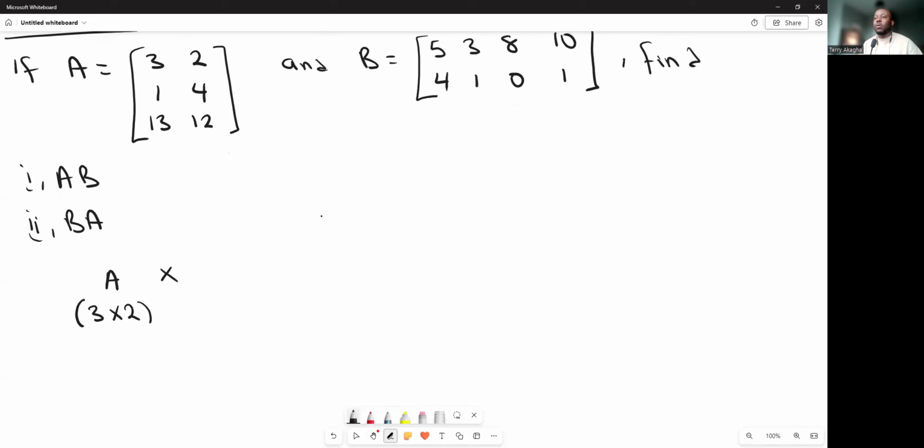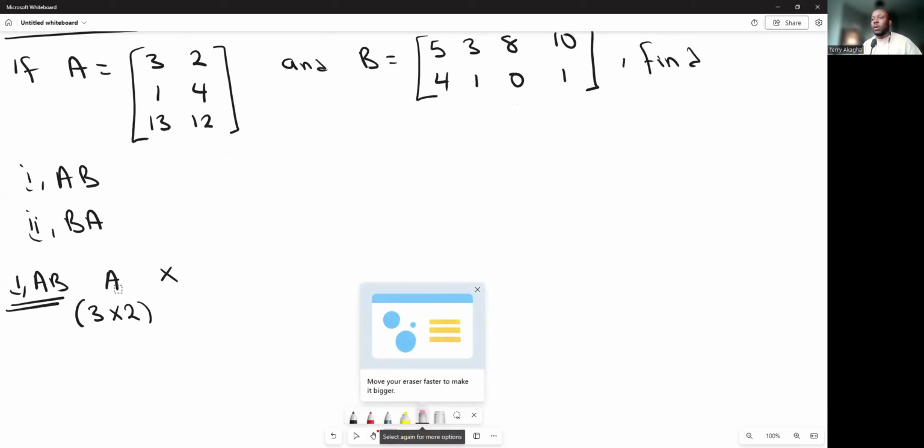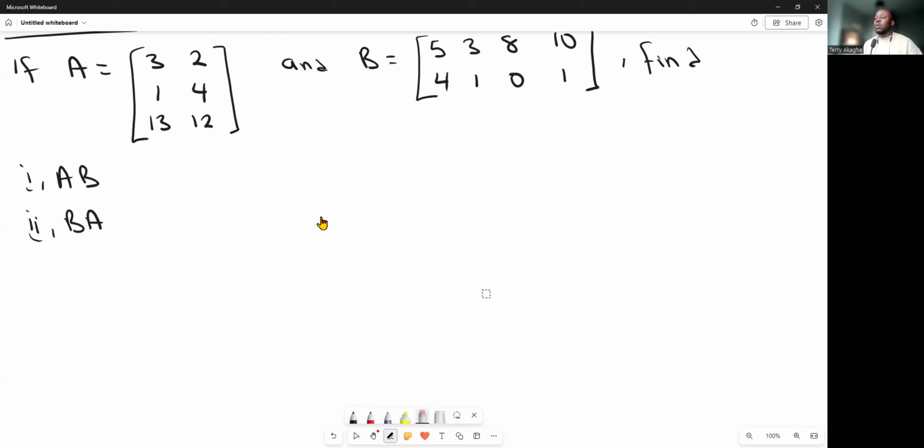And we want to multiply. The first one we're solving is AB, so A multiplied by B. We want to see if this is possible.